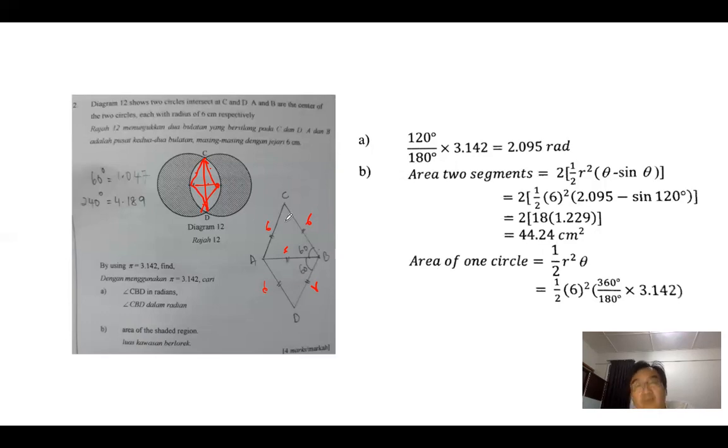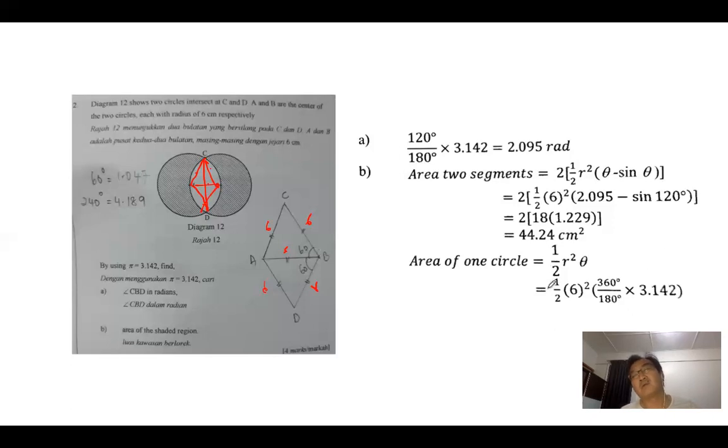Why one circle? Okay, the area of one circle is 6 square, all right, and then time area of one circle. Okay, so all right, so a circle, the area of one circle. Okay, this is an answer given by the marking scheme.